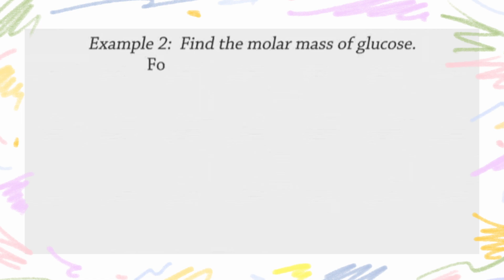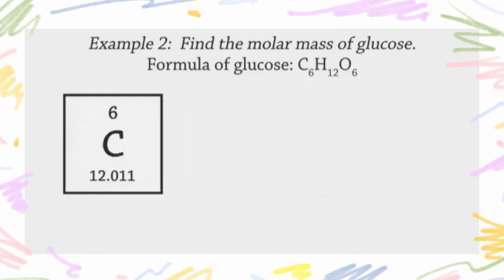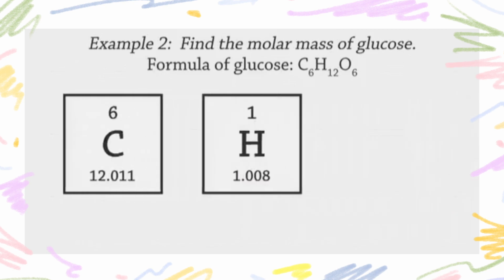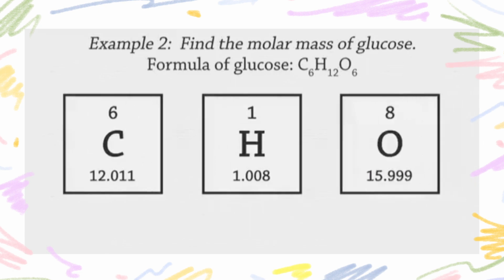Let's do another example that is similar. What's the molar mass of glucose? The formula for glucose is C6H12O6. Look on the periodic table to find the gram atomic masses for all of the atoms in this molecule. Carbon is 12.0 grams per mole, hydrogen is 1.0 grams per mole, and oxygen is 16.0 grams per mole.